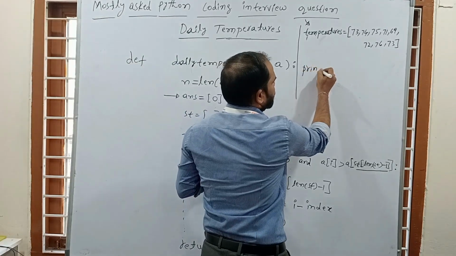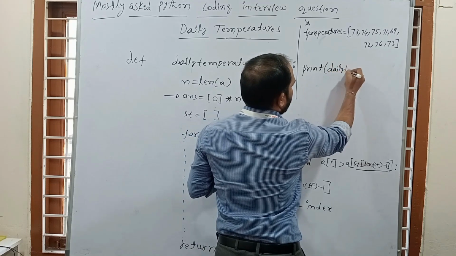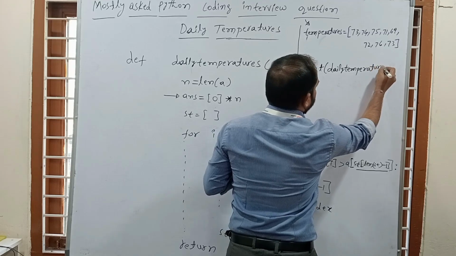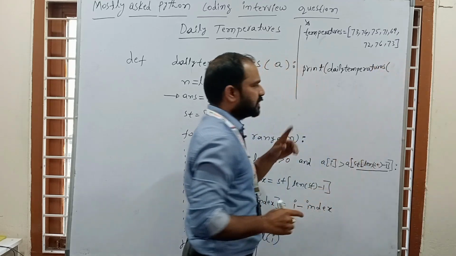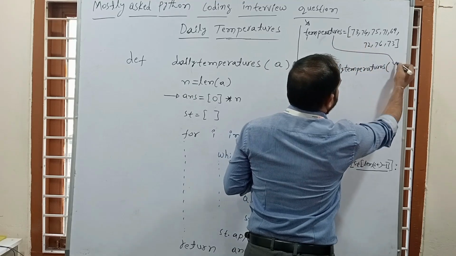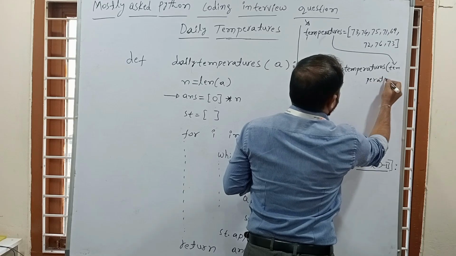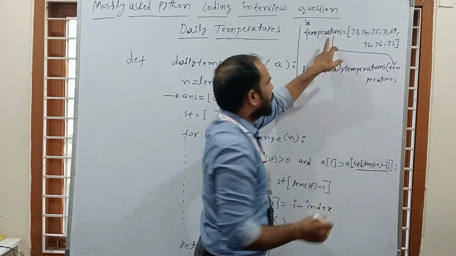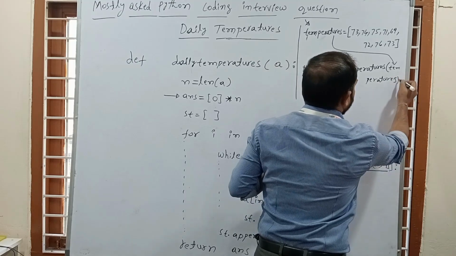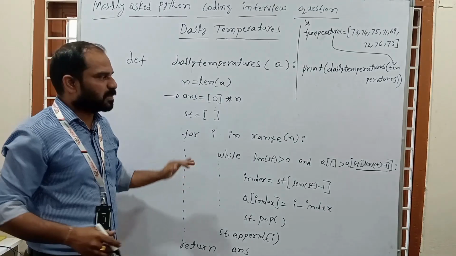Just from the print function call daily temperatures, and you need to pass the argument, right? So what is the argument that you will pass? Just write this temperatures as it is. Yes, pass this variable as an argument to this function and execute your program. The resultant list will be printed.